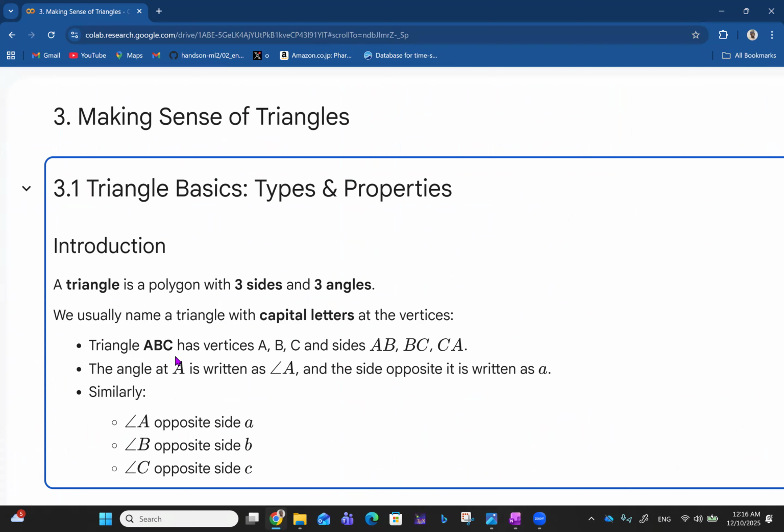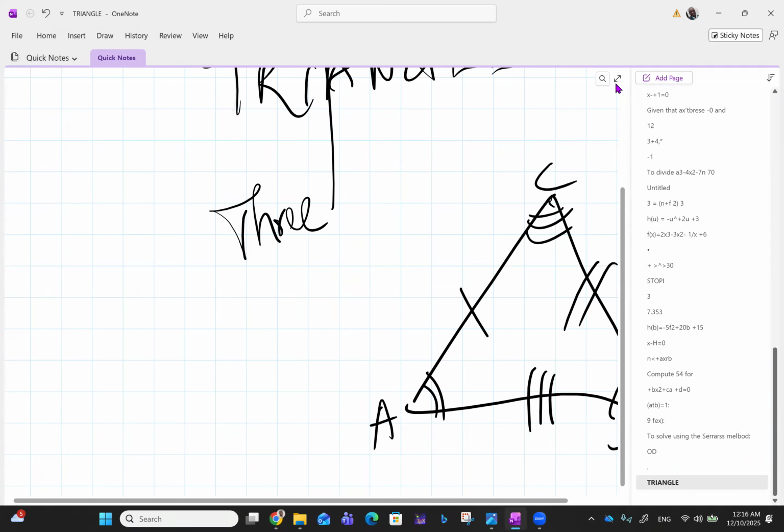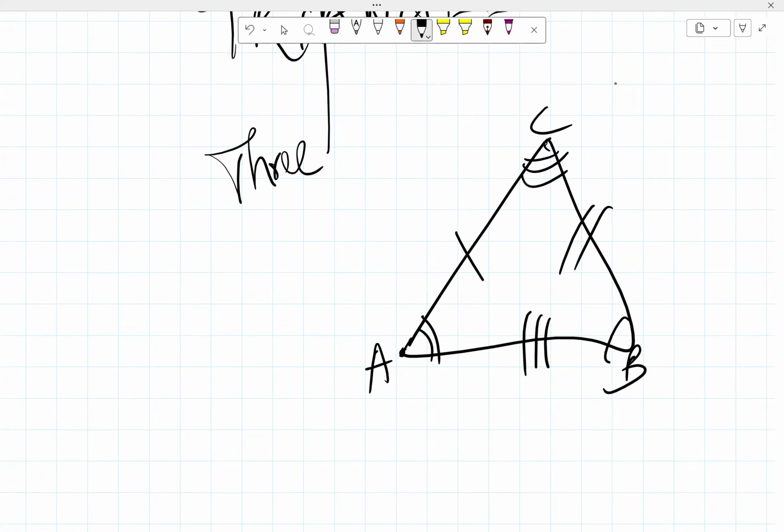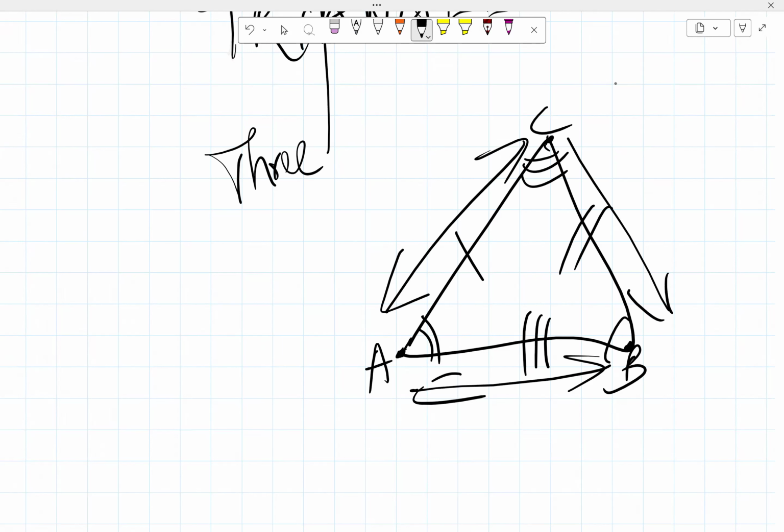Triangle ABC has vertices A, B, C and sides AB, BC, and CA. So this is vertex A, vertex B, vertex C, and we have sides AB, AC, and BC. Those are the three sides of the triangle, right?